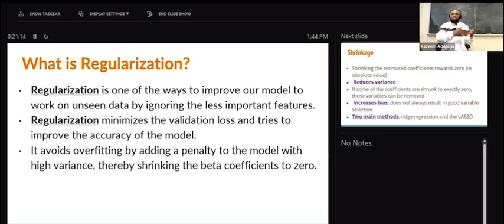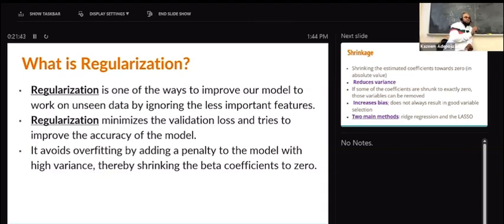Because when you consider so many variables in your model, even though they're going to perform greatly on the training set, the model will perform poorly on unseen data. What we're trying to do with regularization is curate the balance to make sure that the model is improved upon and can actually work greatly with unseen data.